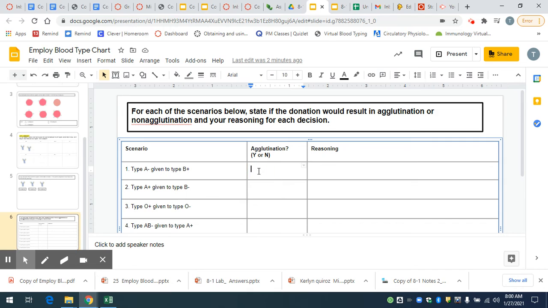That's a yes because it will clump. Do a Y for yes, and then tell me why. Tell me that type B blood has anti-A antibodies. So there will be clumping.